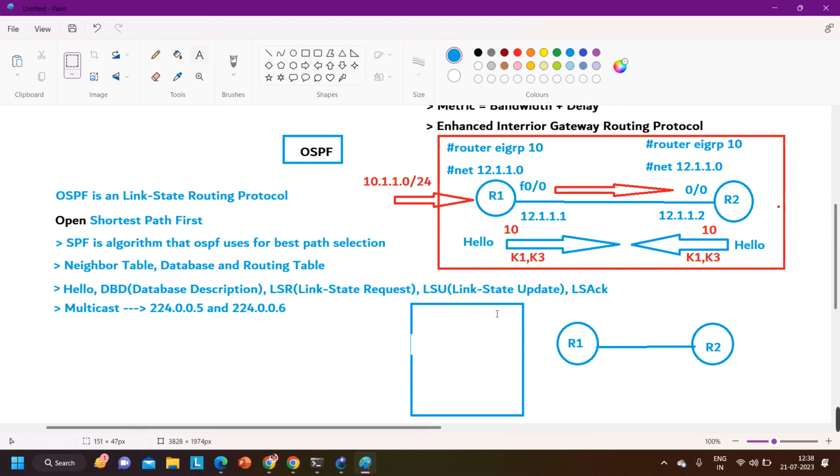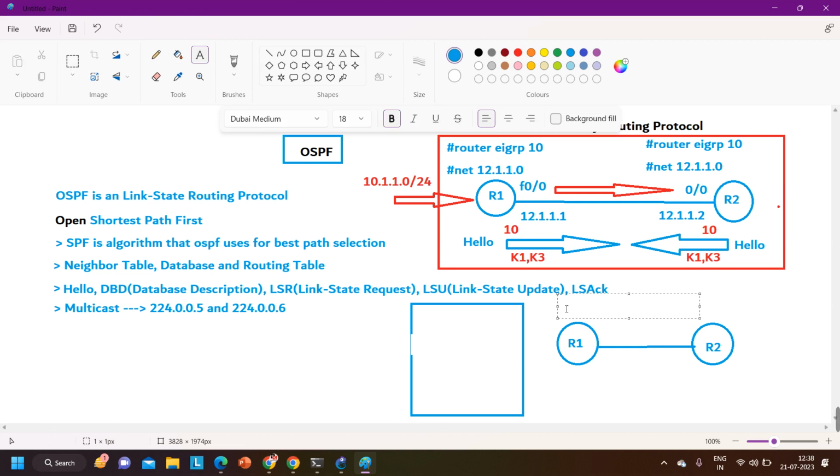Now you are the super admin network engineer in a company. You have run EIGRP AS number 10 on router 1, and EIGRP AS number 10 on router 2 also. Fine. Now one engineer accessed this router for an activity. Understand the scenario.